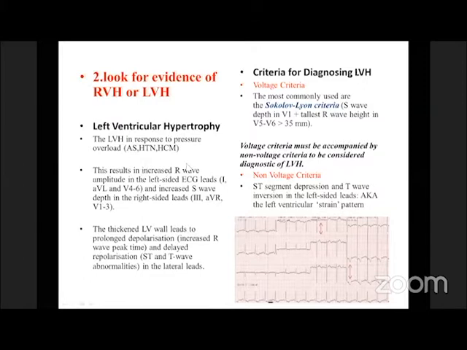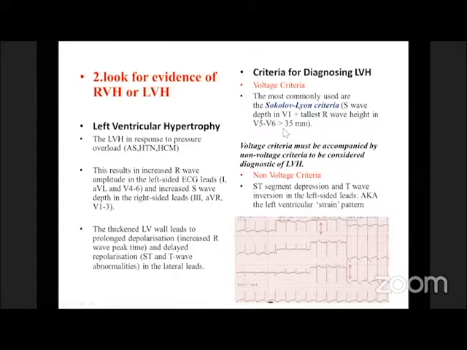Of course, we have several ways of diagnosing left ventricular hypertrophy, but the simplest one for the students is the Sokolow-Lyon criteria. It is the summation of the depth of the S wave in V1 plus the tallest R wave height in V5 or V6.